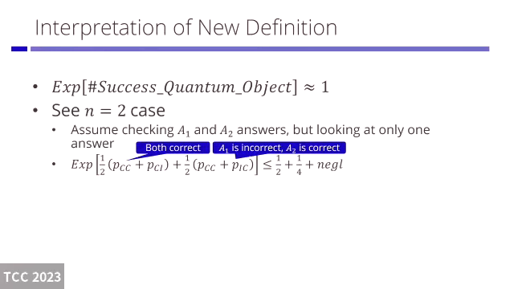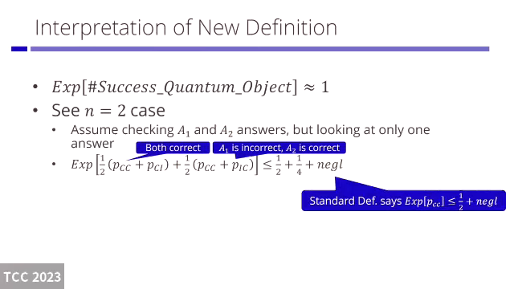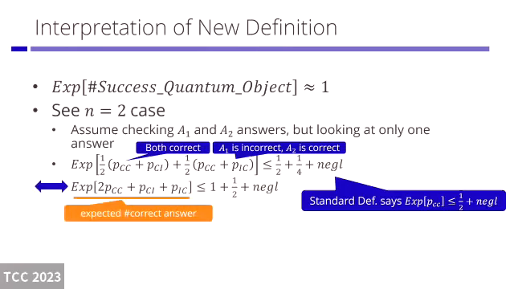So we check only one answer of these two adversaries, and we can write the success probability like this. By the way, the standard unclonable indistinguishability says that the expectation of P sub CC is less than half plus negligible. We can rewrite this inequality by multiplying by 2, and obtain this inequality.